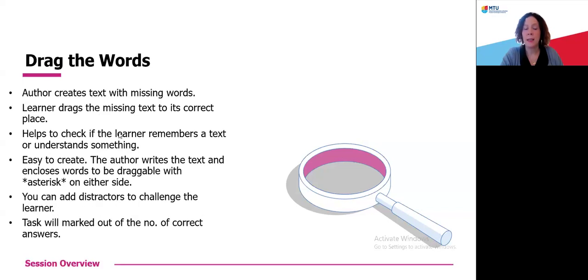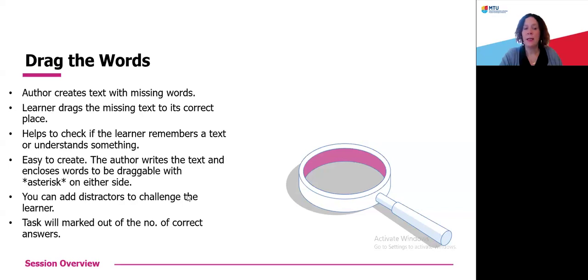The second one is drag the words. This is where the author creates a text with missing words, and the learner then has to drag the missing words into the correct place. A series of words is presented to the learner. It helps to check if the learner remembers a text or understands something, and it can be a nice kind of break in between looking at module content for the learner.